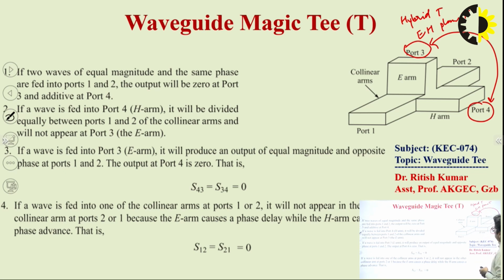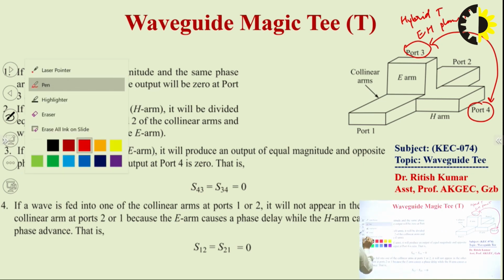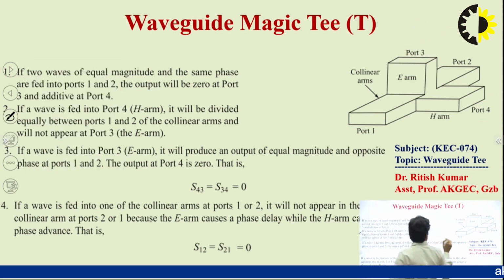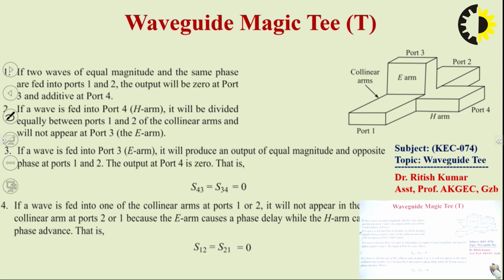Now if we apply some signal at port number 1 and port number 2 simultaneously, and they are in the same phase, suppose the direction of the E field is in this direction, the upward direction, both in the same phase, we will get the power at port number 4 because in the H arm the received direction from port number 1 is in this way, and from port number 2 again in this way.